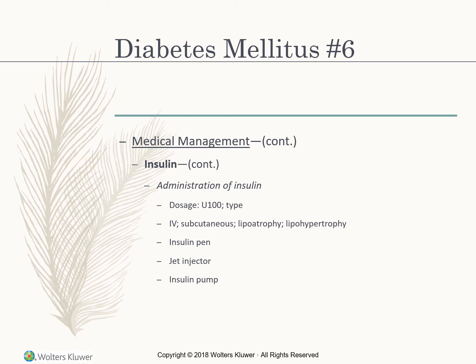When combining 2 types of injectable insulin in the same syringe, the short-acting insulin is withdrawn into the syringe first, and the intermediate-acting insulin is added next. We call this, quote unquote, clear to cloudy because short-acting insulin is clear and the intermediate-acting insulin contains an additive that makes it cloudy. The mixture is then administered within 15 minutes to ensure that the onset, peak, and duration of each separate insulin remain intact.